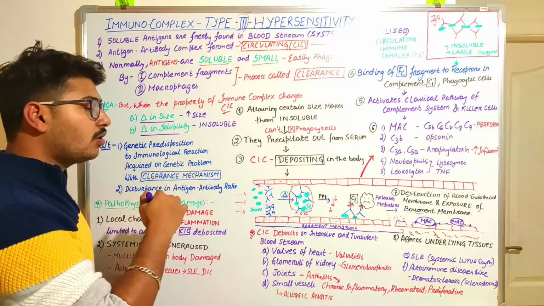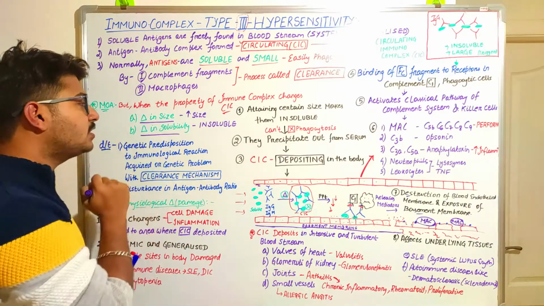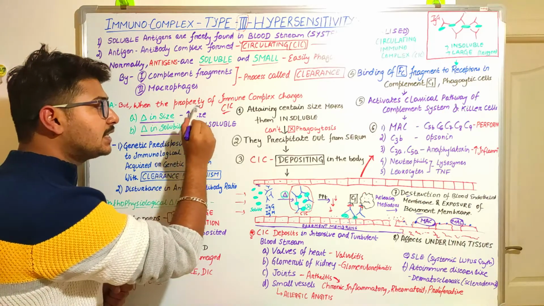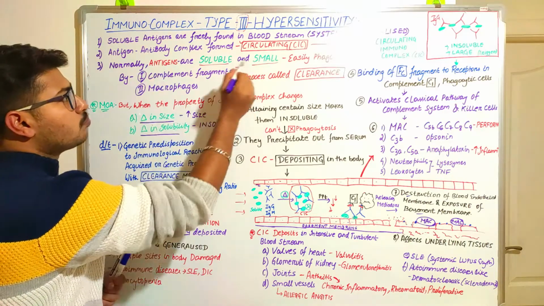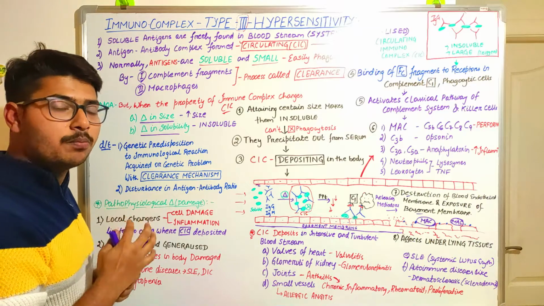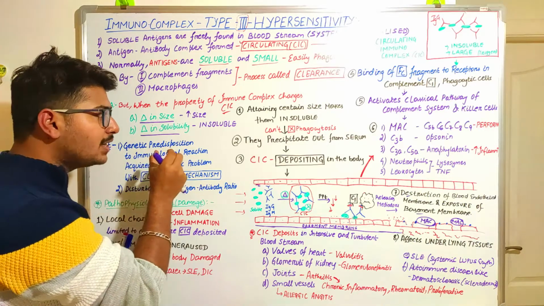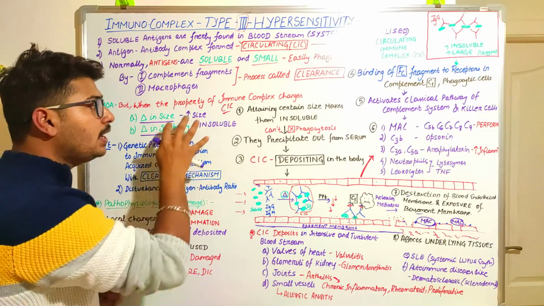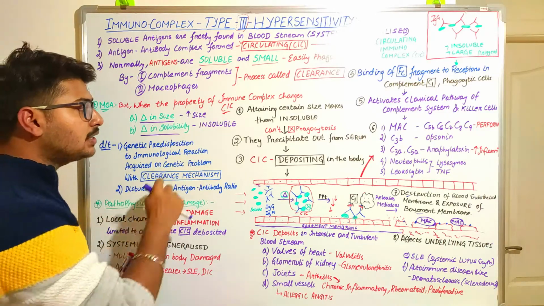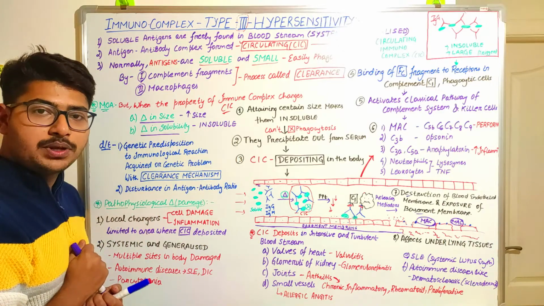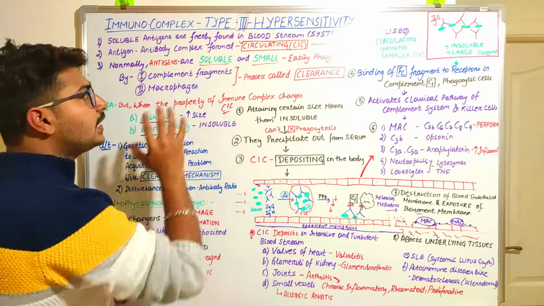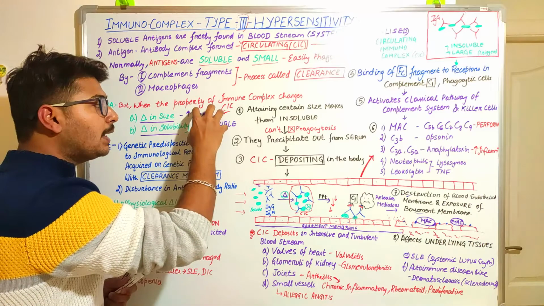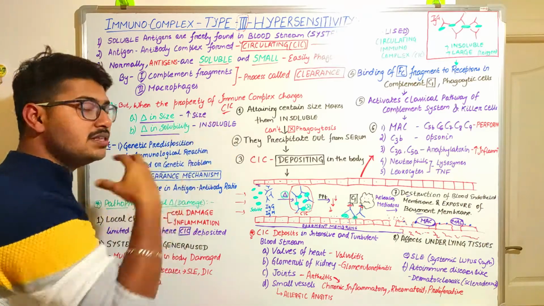So what will be the result of this change? It can be an increase in size. Previously the antigen antibody complex was small in size, but after this condition it may increase in size. Next, it can become insoluble. Previously it was soluble and small and easy for phagocytosis, but now it has increased in size and become insoluble.